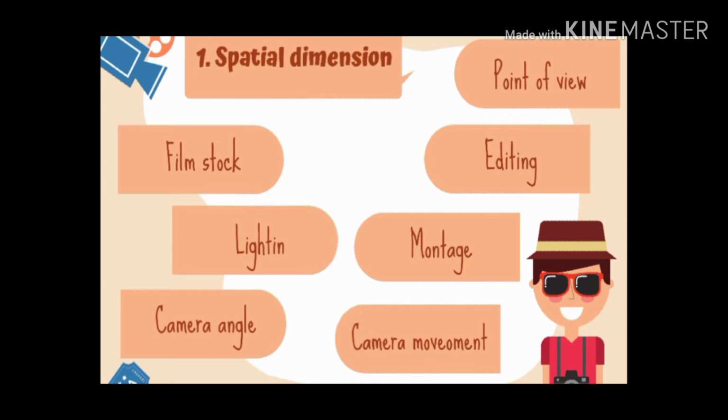A natural shot or eye-level shot has little to no physical effect on the viewer. This is when the camera is level or looking straight on at the subject. A point of view shot shows the viewer the image through the subject's eyes.